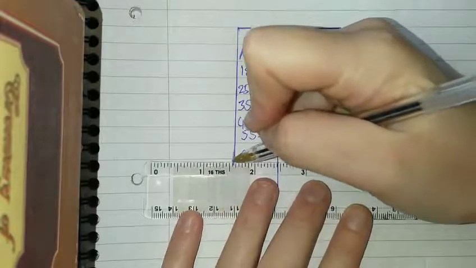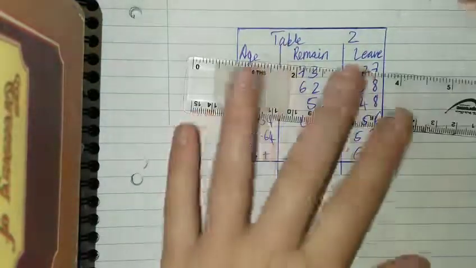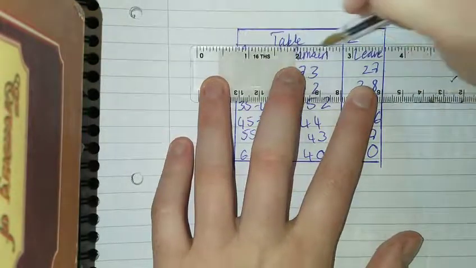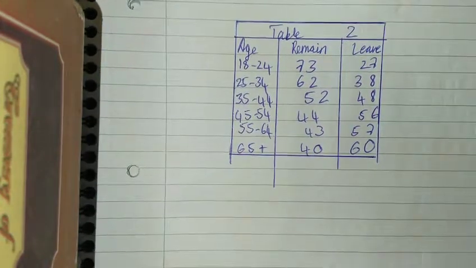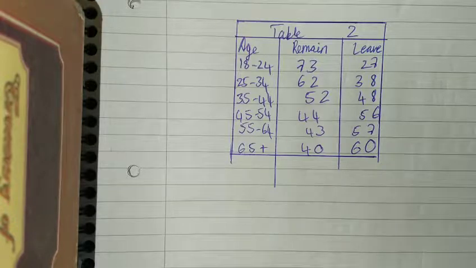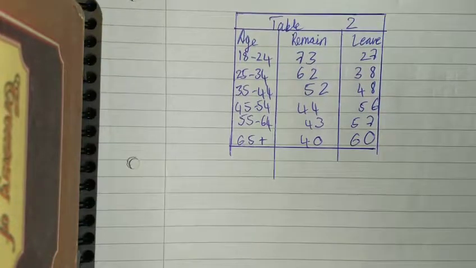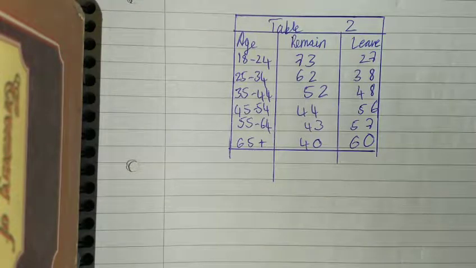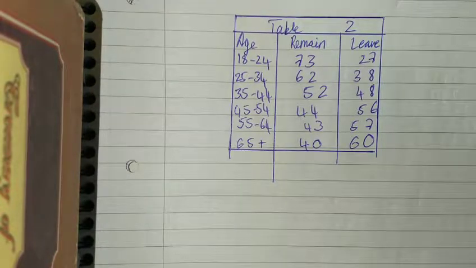So this is the table that we're given, and it's giving the different age groups and how they voted. We're asked to draw a suitable chart or charts to represent the data. So what I might do is a bar chart.